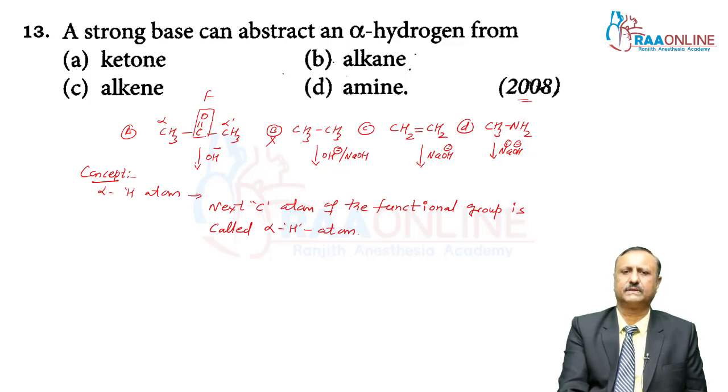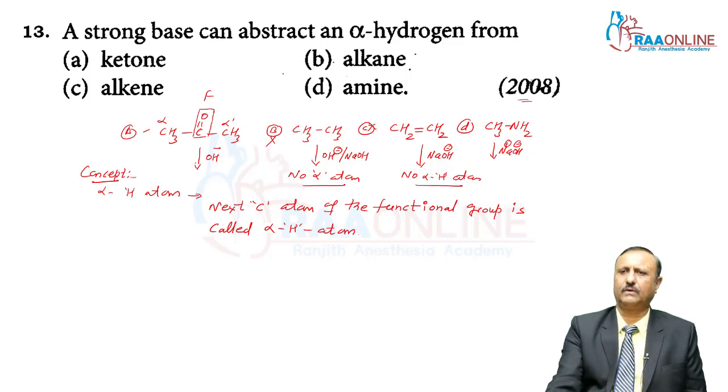Alpha hydrogen atoms are present in this compound. In this other compound you cannot get an alpha hydrogen atom, no alpha hydrogen atom here, so it is not the answer, my dear students.